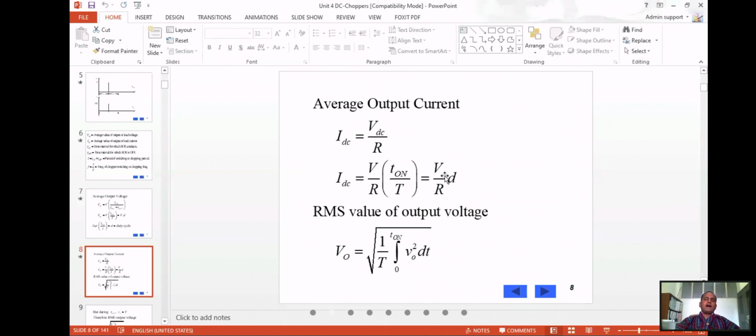So the RMS value of the output voltage. We know the average output voltage, and how do you find the RMS value?